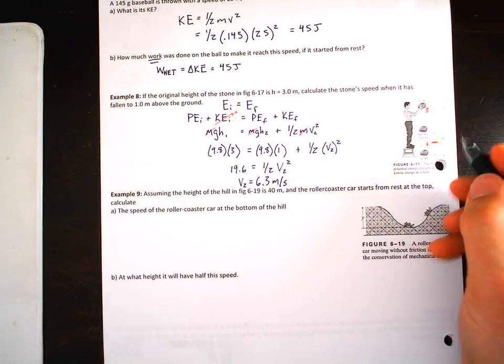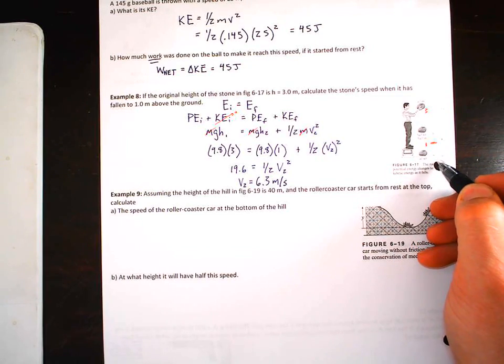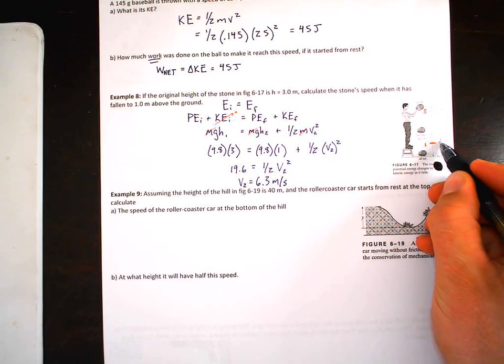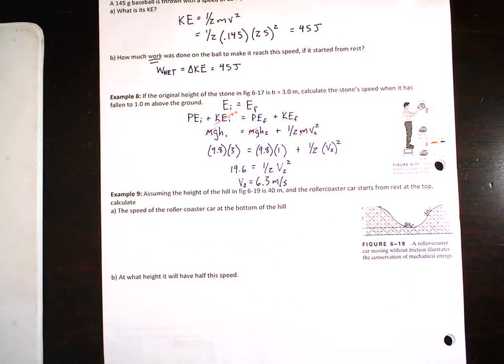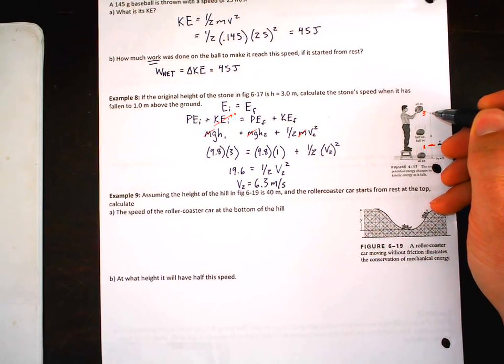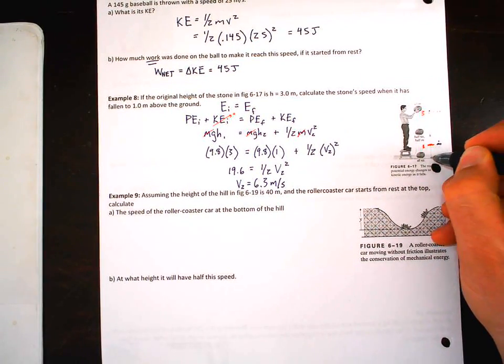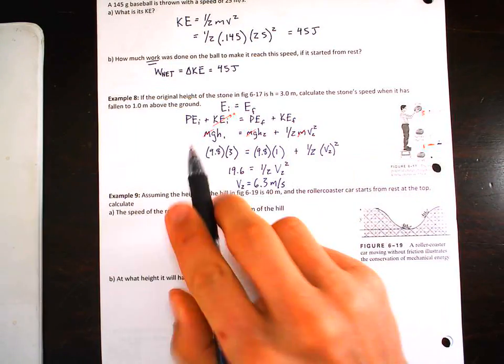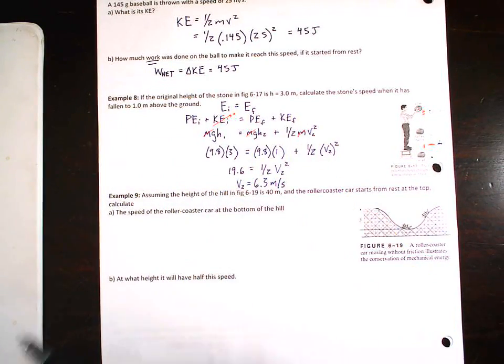So that's going to be the velocity not at the ground, but the velocity midway through. Most of the problems we've done so far have started here and ended here, turning potential all into kinetic. But here we've got potential in the middle too. So that's how we deal with situations like this.